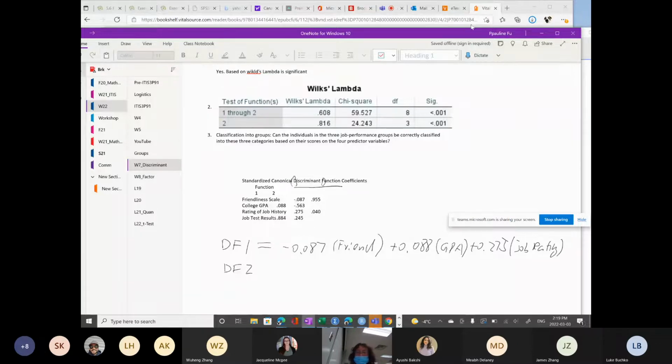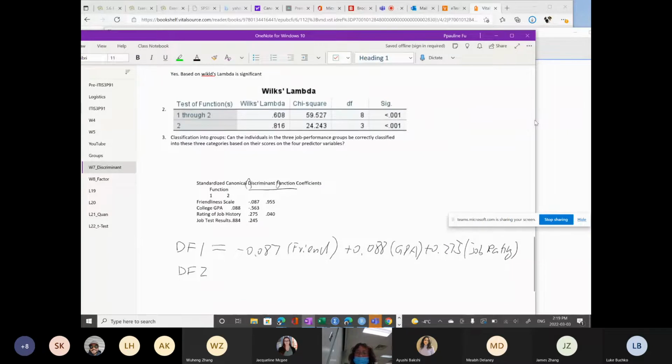Keep going, you have job test result. So this is function 1. Similarly, you can write down function 2 based on those coefficients.